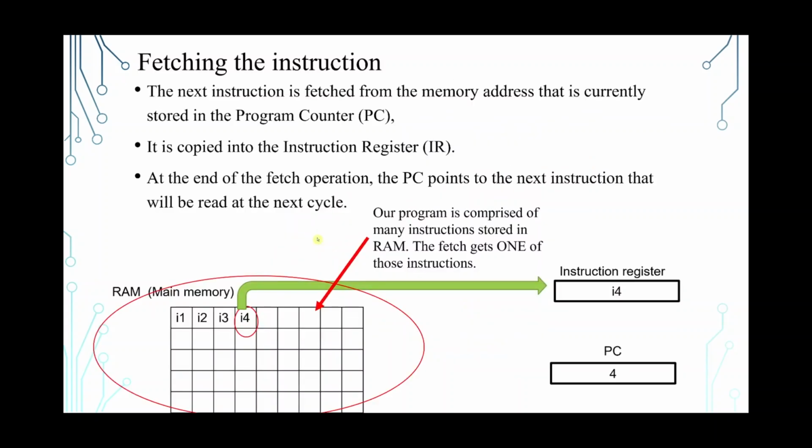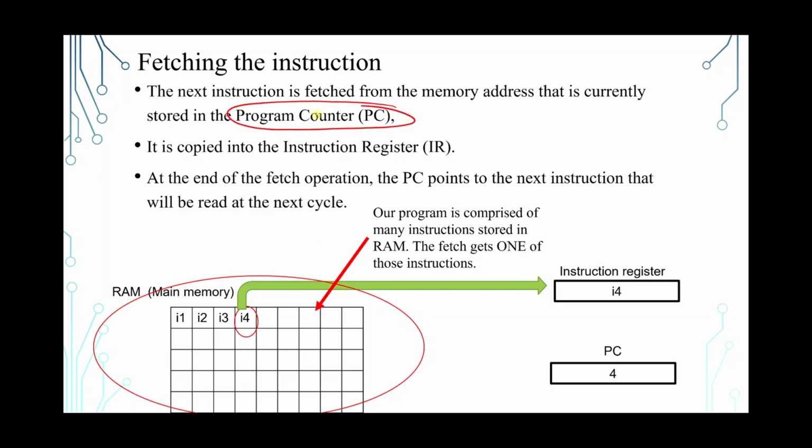So let's now dig deeper into this cycle and explain everything in a little more detail. Fetching the instruction: the next instruction is fetched from the memory address that is currently stored in the program counter, the PC. It's copied into the instruction register.